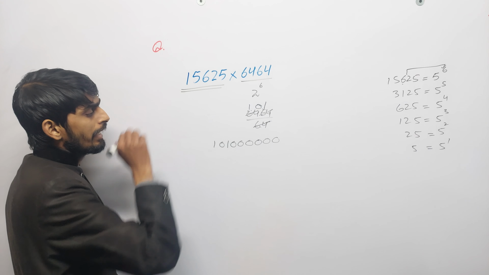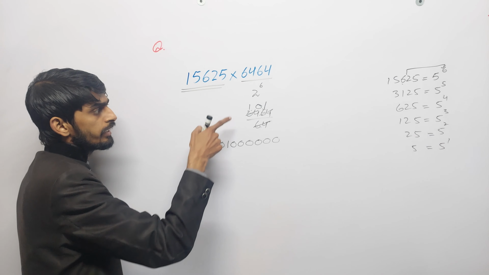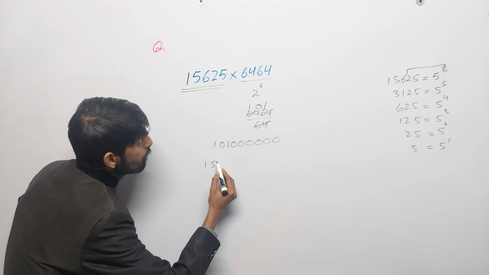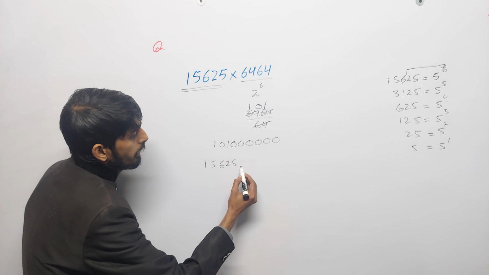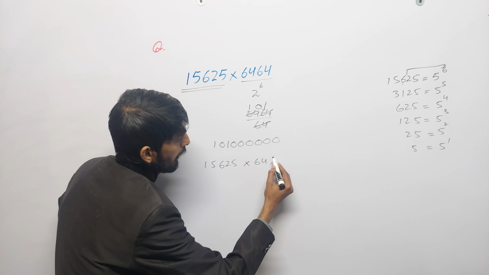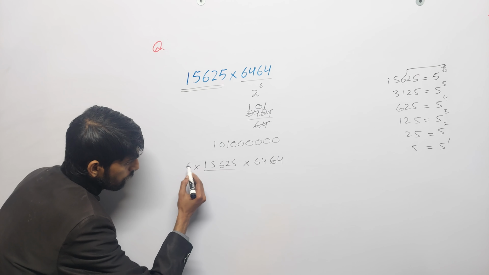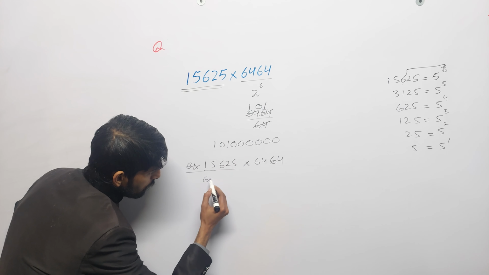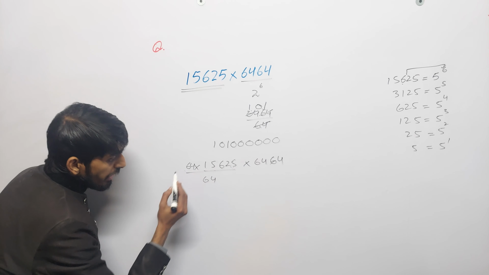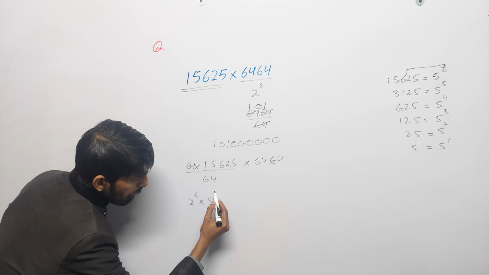I will explain how this happens, how I turn this calculation using 15625. Here we write 64 and 64. If I multiply this number by 64 and divide this number by 64, then the number multiplied by 64 can be written as 2 raised to the power 6, and this can be written as 5 raised to the power 6.